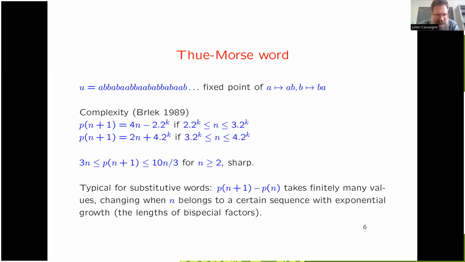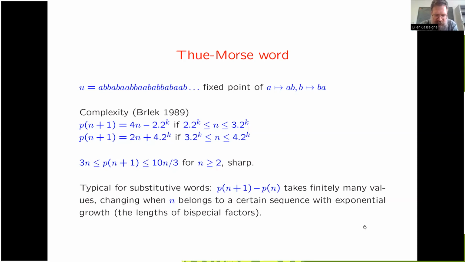And the exact complexity function was computed by Brlek and Costa in 1989. And it's not as simple a formula as the previous ones. You need to make cases. The complexity is 4n plus constant in some intervals and 2n plus constant in other intervals.